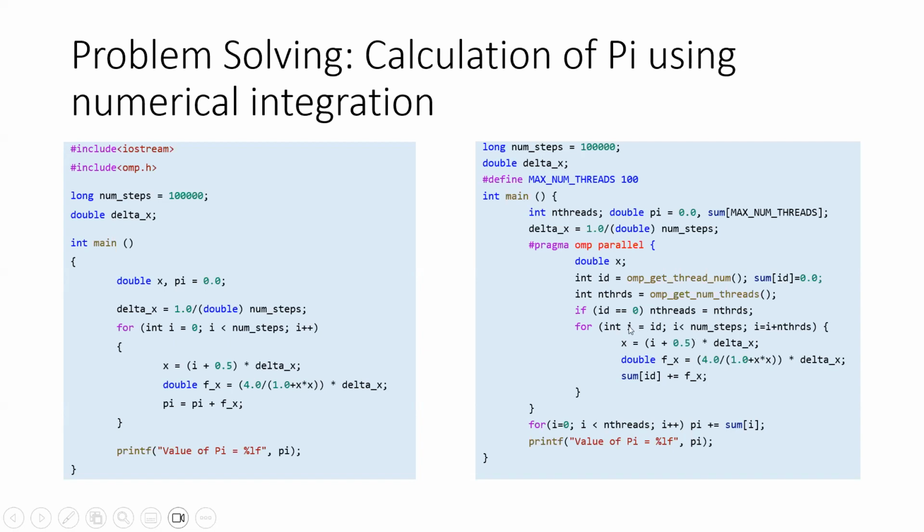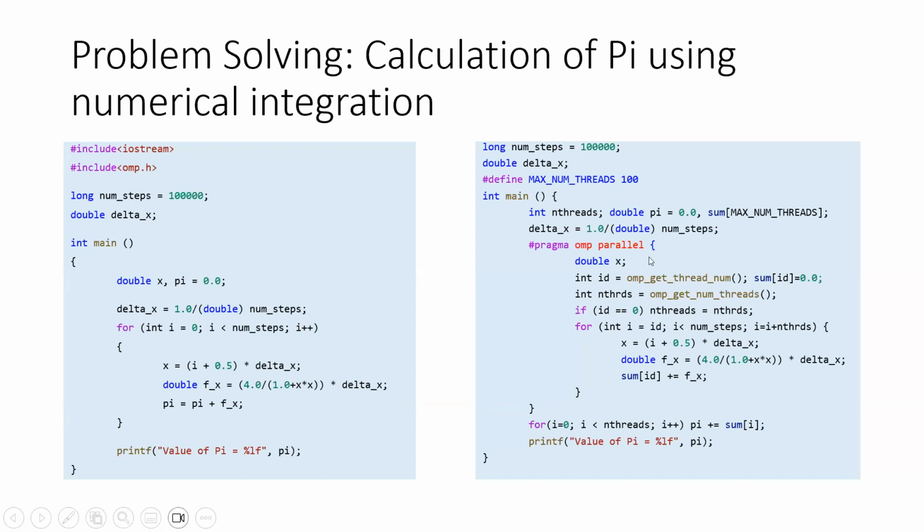So i becomes 5, and then it becomes 5 plus 0.5. So for the midpoint of the fifth stride, you compute f of x and add it up. Next iteration, 5 plus 4, 9. i becomes 9, the midpoint of the 9th stride, and so on.